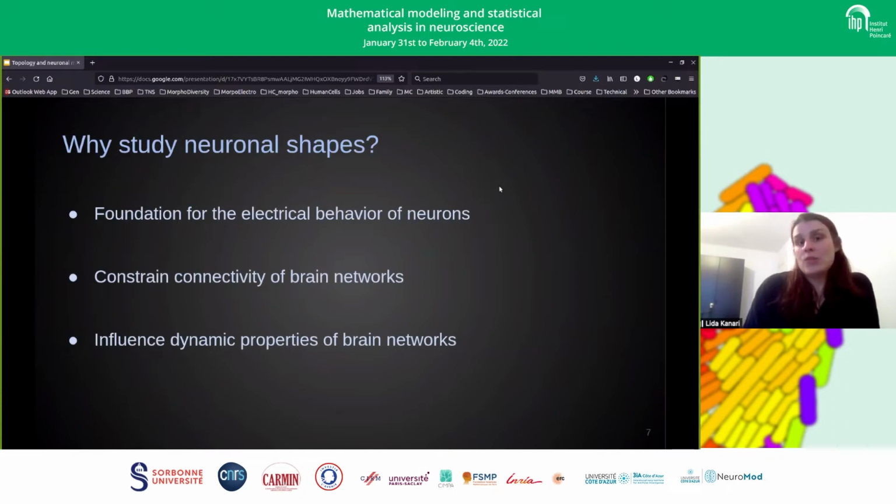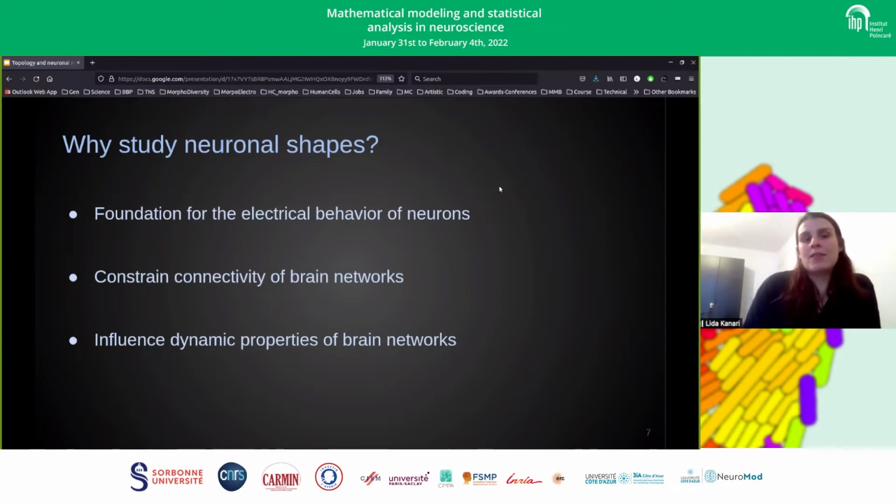So the question is, why are neuronal shapes so important? To understand that, we need to understand that these shapes give rise to the electrical behavior of the neurons. They define very specifically what the electrical responses will be from different properties of their shapes.